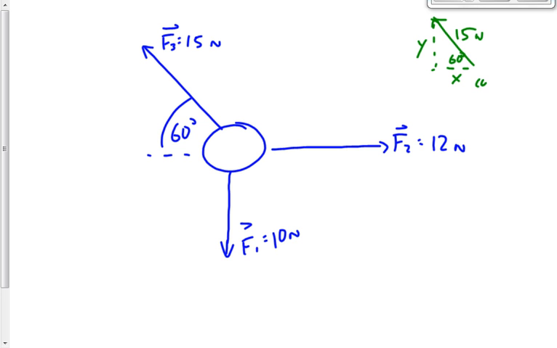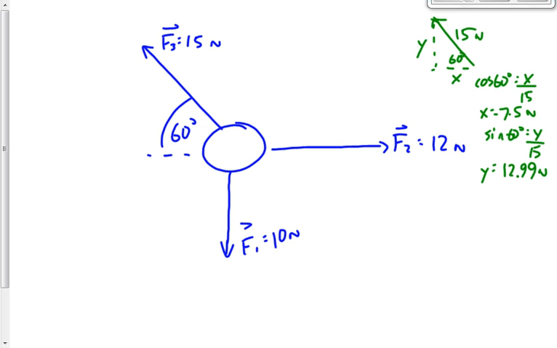We're going to say that cosine 60 degrees is equal to x over 15. And x equals 15 times cosine 60, which is 7.5 newtons. We're going to say the y component is sine 60 is equal to opposite over hypotenuse. Y is equal to 15 sine 60, which gives me 12.99.